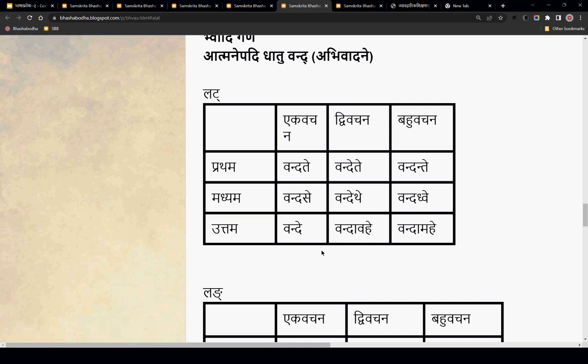Vande Paramanandam, Krishnam Vande Jagadgurum. Dvivachanam, two of us salute: avam vandavahe. Many of us salute: vayam vandamahe.